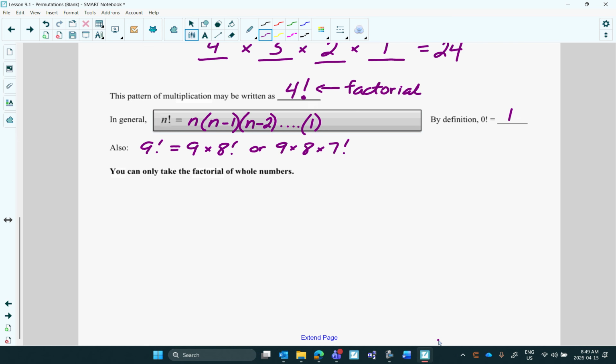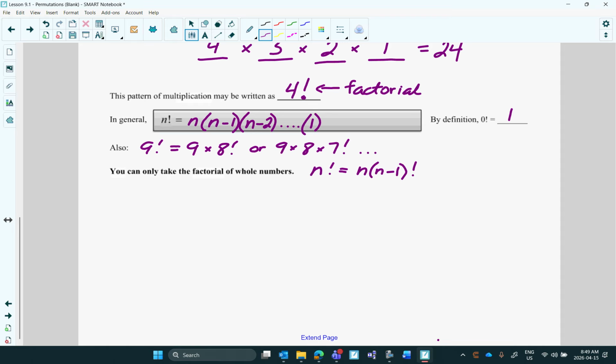And I can keep doing that. If I use n, I could say n factorial is equal to n times n minus 1, and then I can stop there and put a factorial.